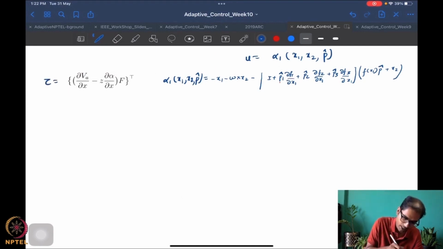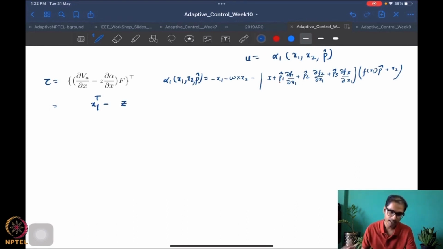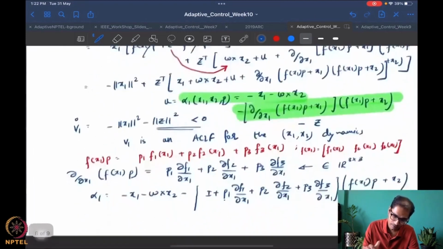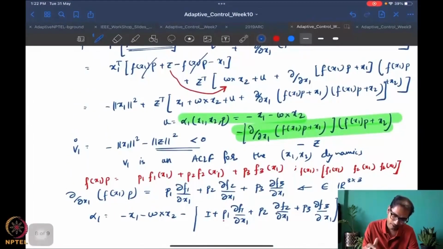And so what is my tau? My VA was simply half norm x1 square, so del VA del x is basically just x1 transpose minus z del alpha del x, which is the first feedback. So alpha was this guy, so I will again have something like this expression.